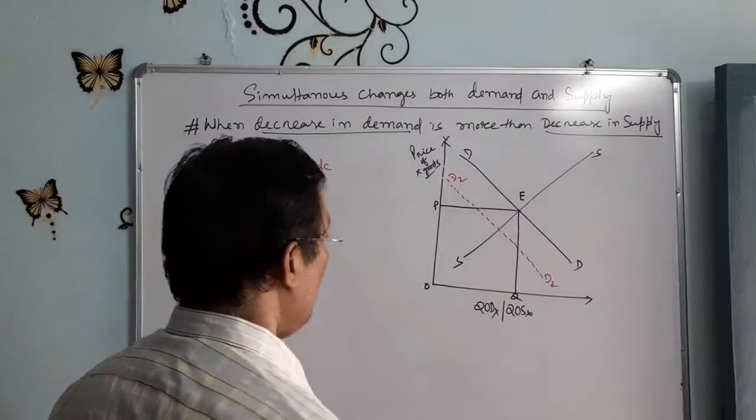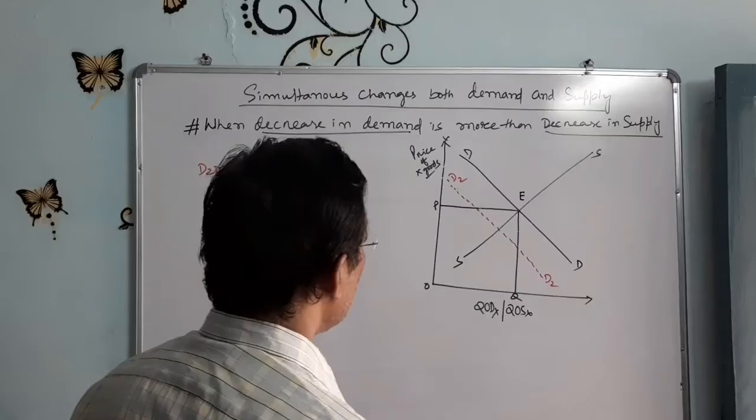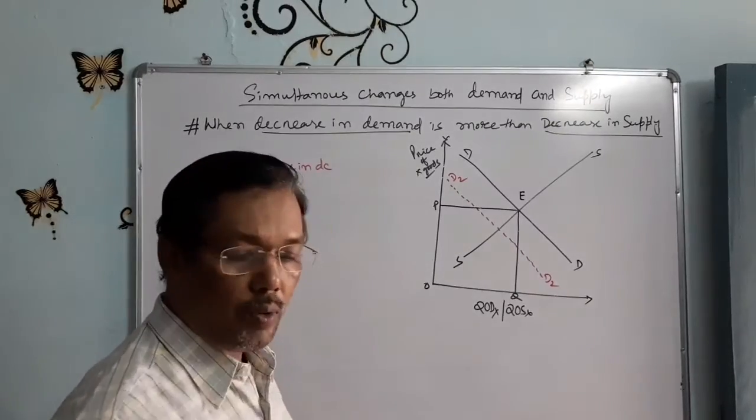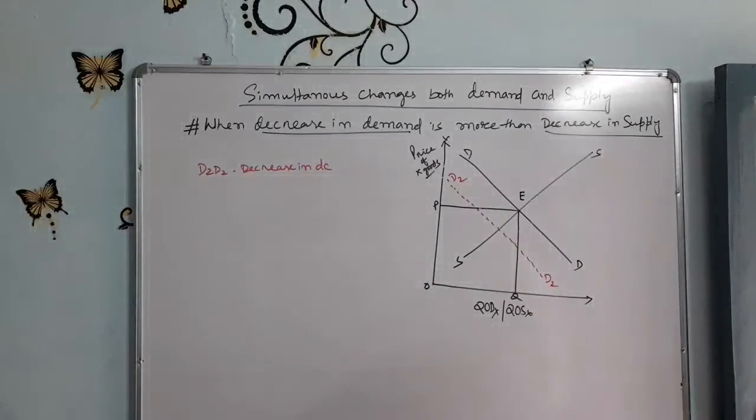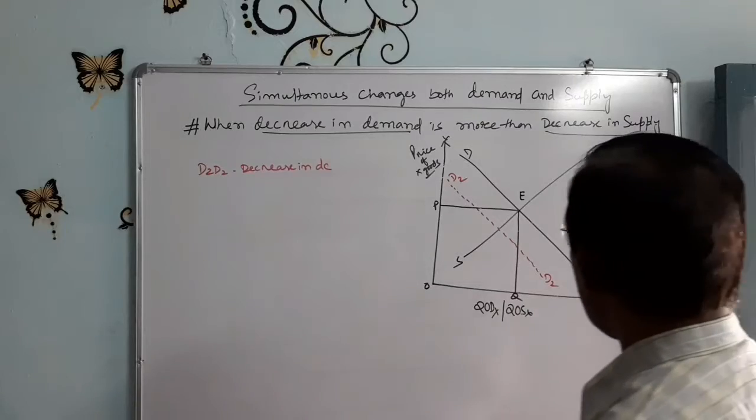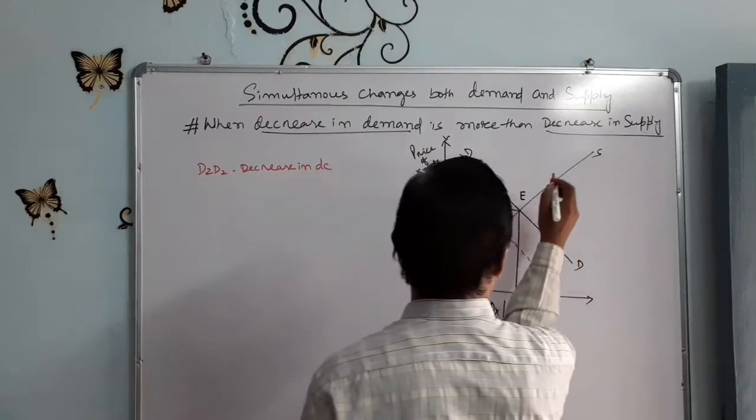And the decrease in supply: decrease in demand is more than decrease in supply. What will be the shape of the supply curve whenever it decreases? It shifts either toward the right or toward the left. So I will draw the decrease in supply curve.